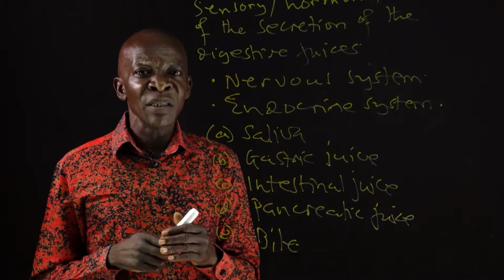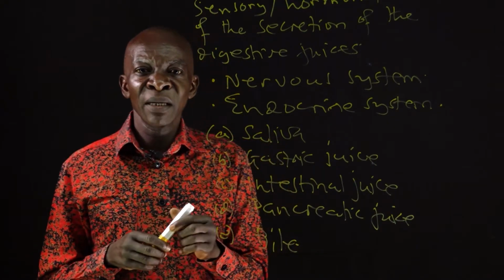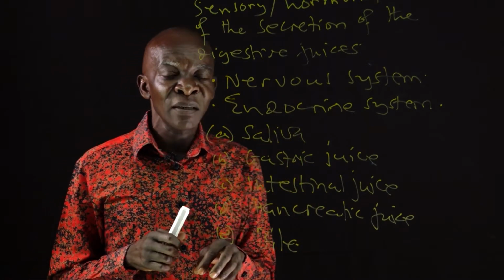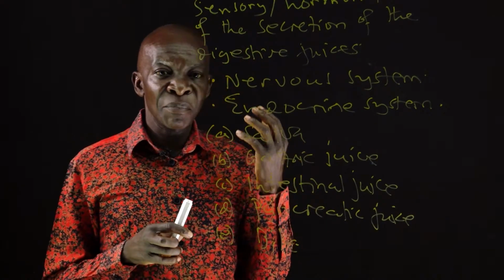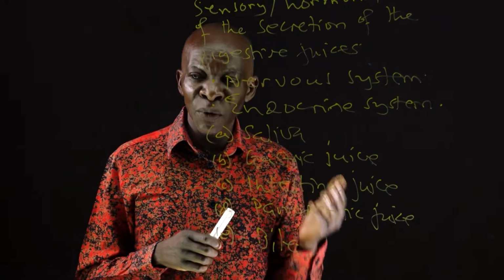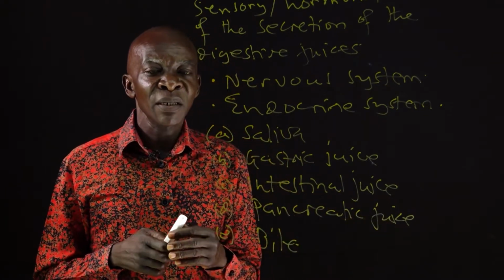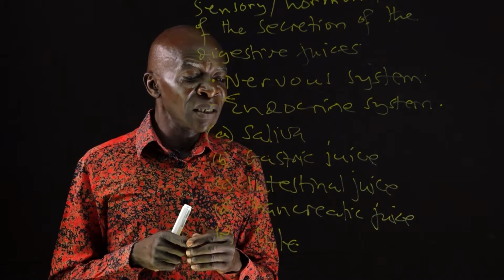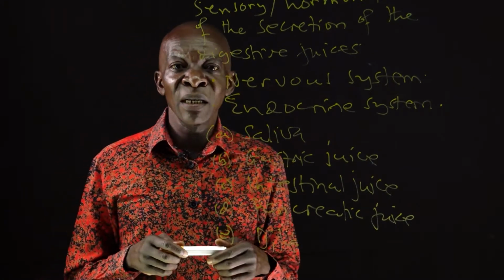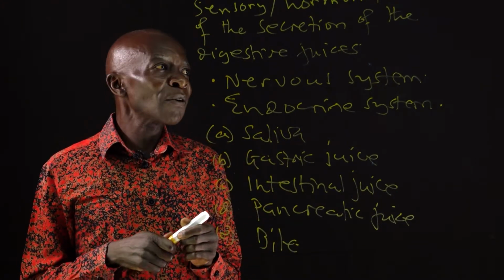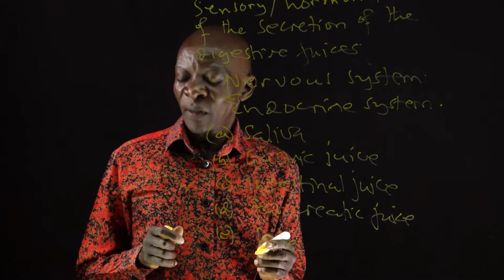The intestinal juice is released by the glands found in the intestinal mucosa, such as the crypts of Lieberkühn and the Brunner's glands of the intestines. Pancreatic juice, as we have seen shortly, is released by the pancreas, and the bile comes from the gallbladder.